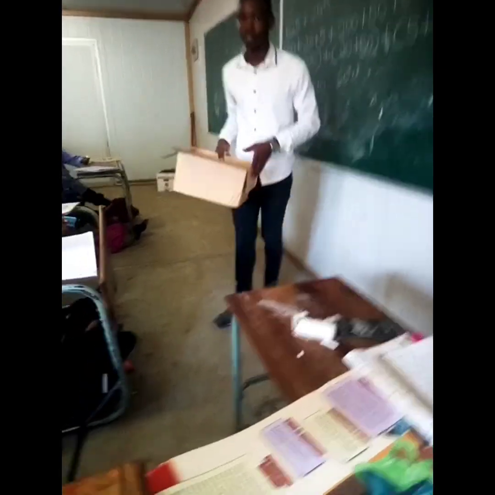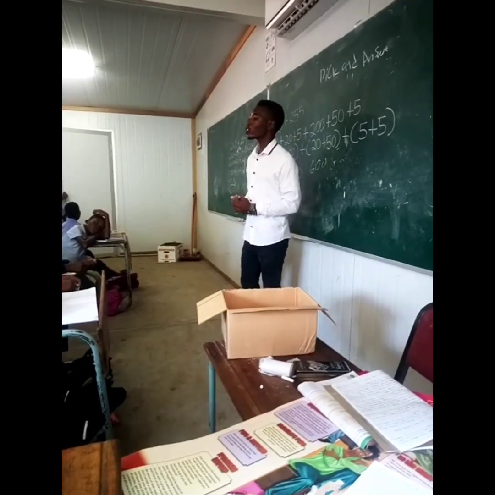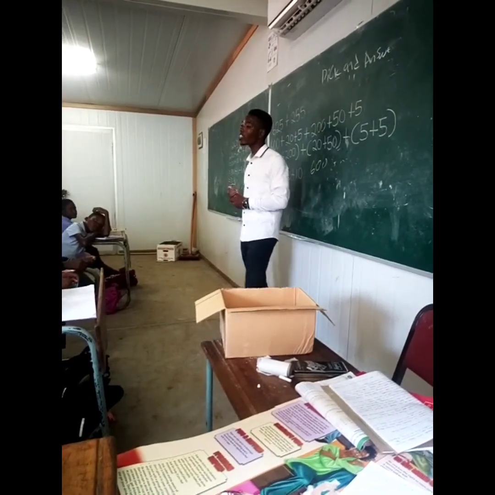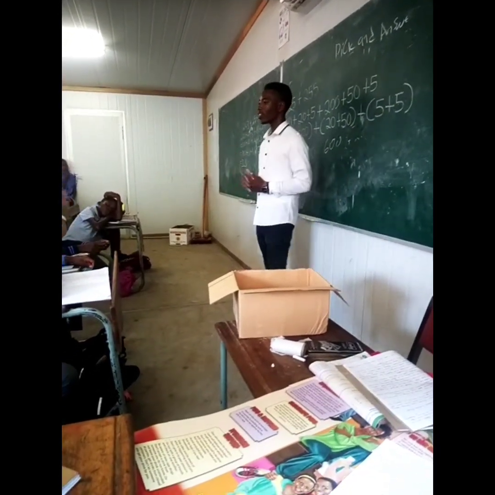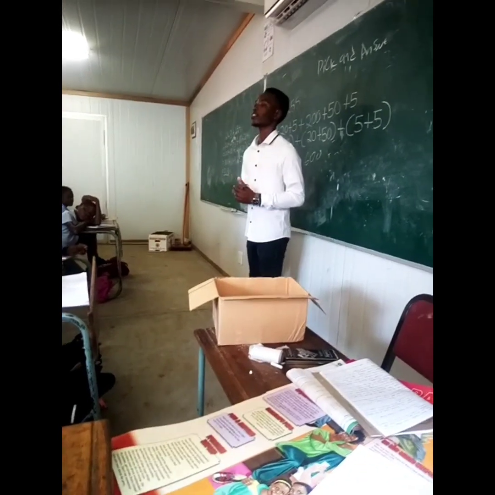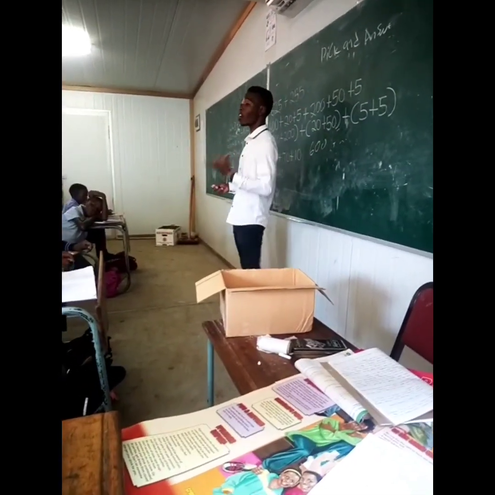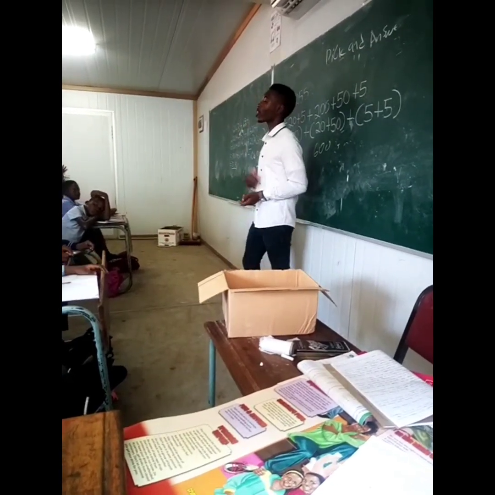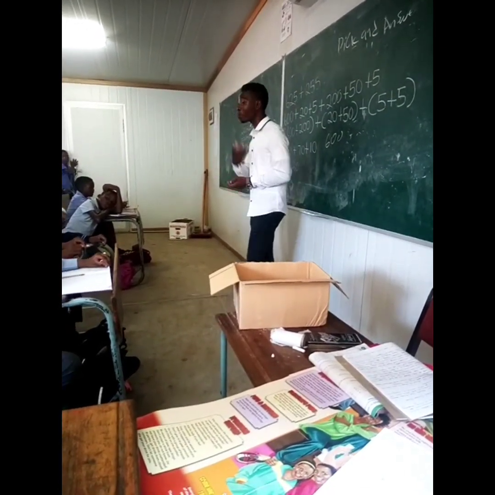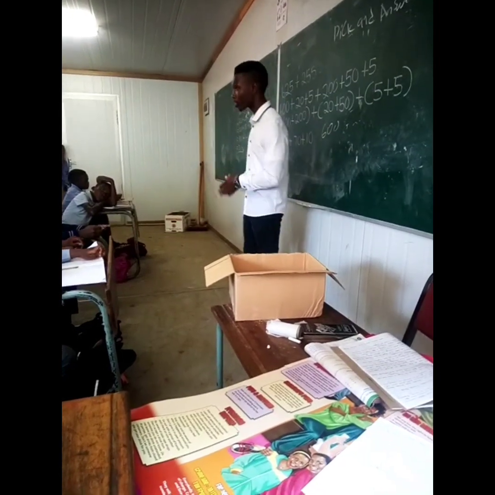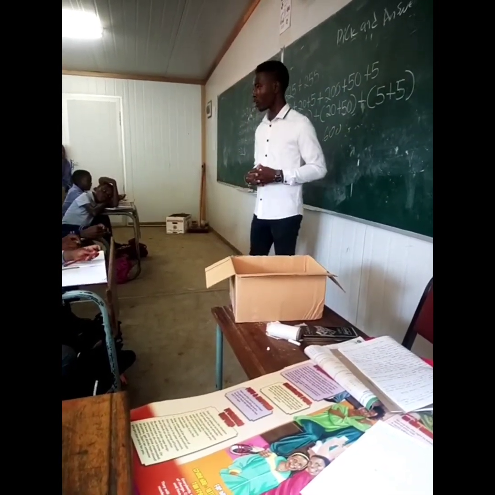Okay, so in today's lesson, what did we learn? I learned the breaking down strategy. She learned the breaking down strategy, right? That a number can be broken down into pieces according to its place values, right? Yes. And then another thing.